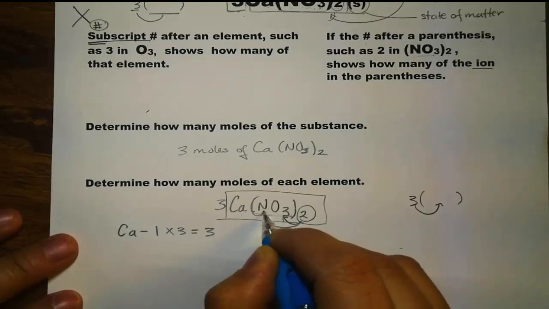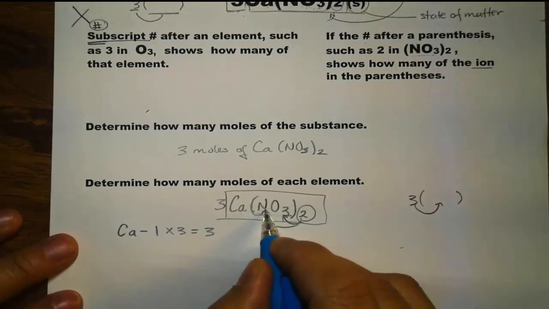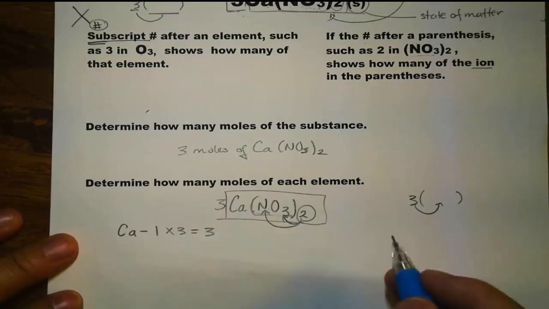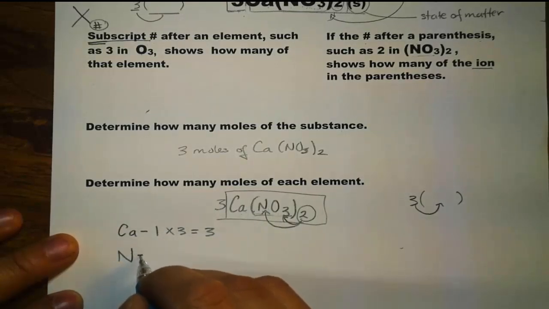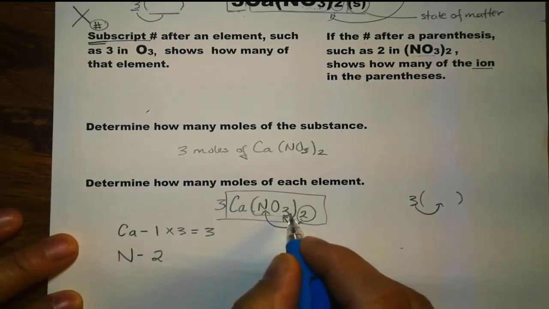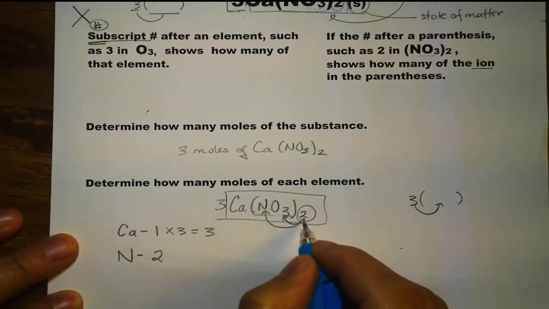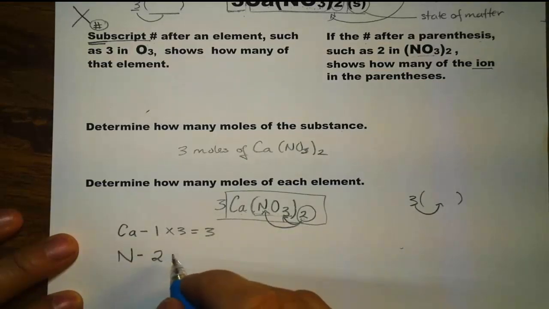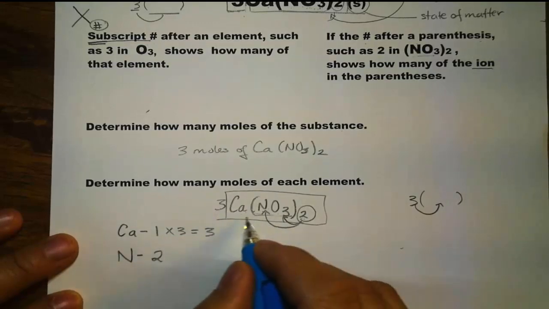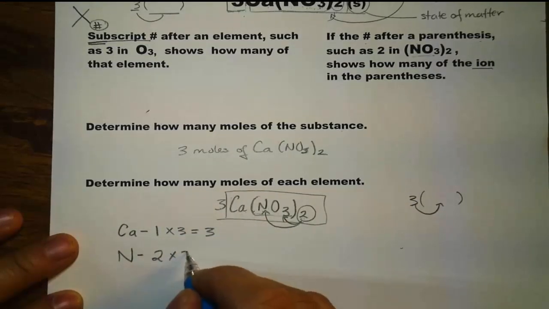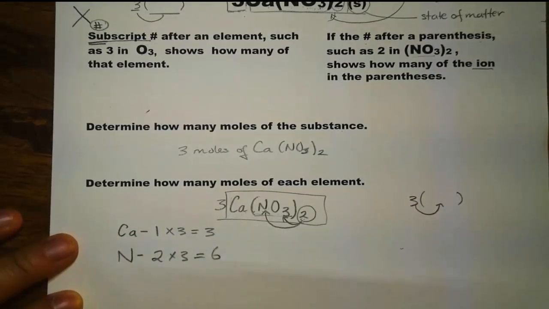So we distribute it from this end. So in this case, 2 times 1, that gives you 2. So for nitrogen, there are 2 of the nitrogen because of that 2 right there. And then, since there are 3 of the whole entire substance, we multiply by 3, that gives us 6 nitrogen total.